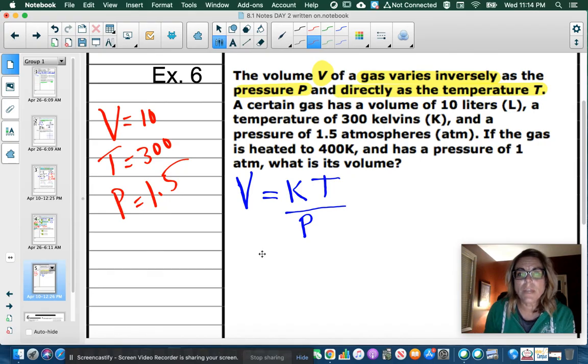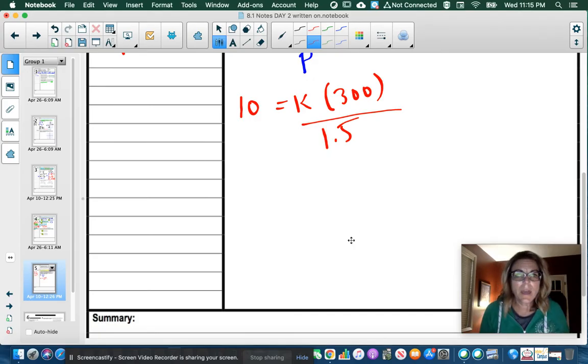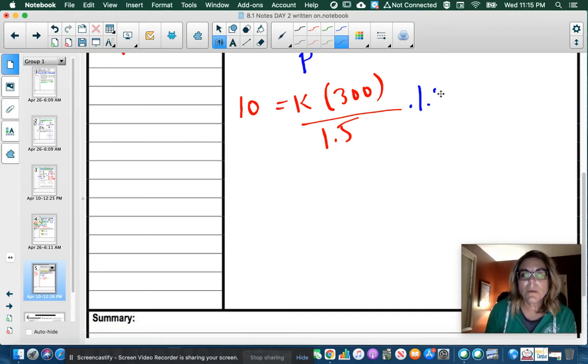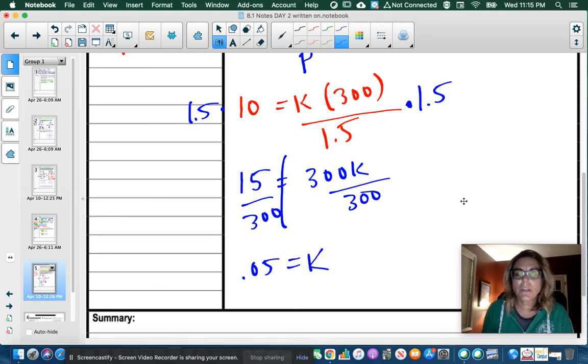Let's plug all those items in to find K, our constant of variation. When I do that, I can multiply both sides by 1.5. So I get 15 is equal to 300K. Divide by 300. 15 divided by 300 is 0.05, and that is our K value.